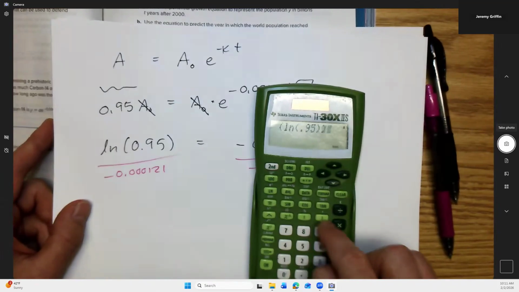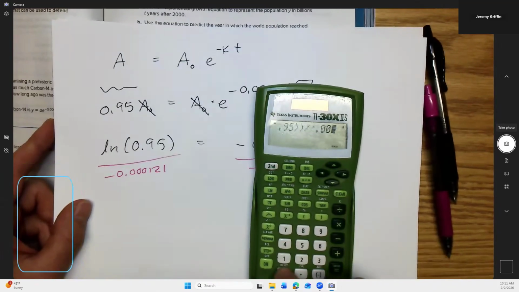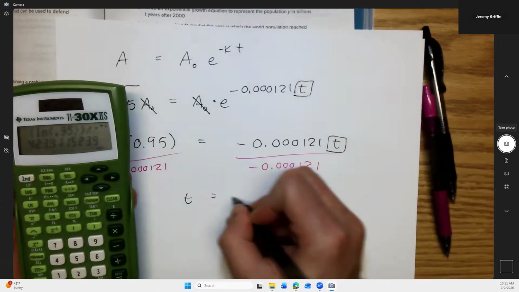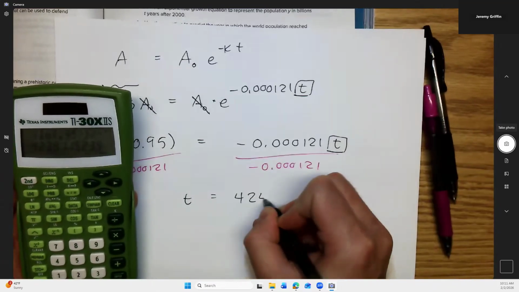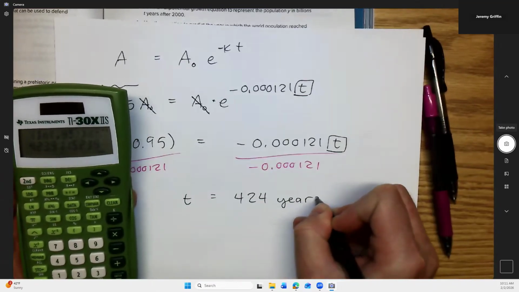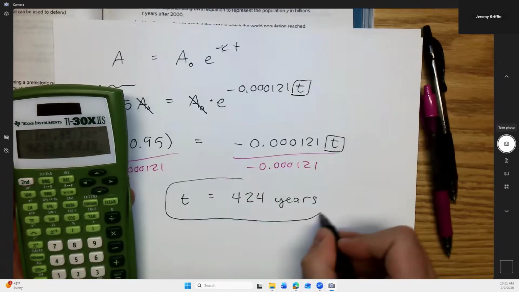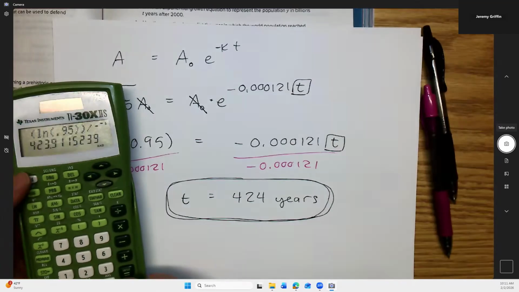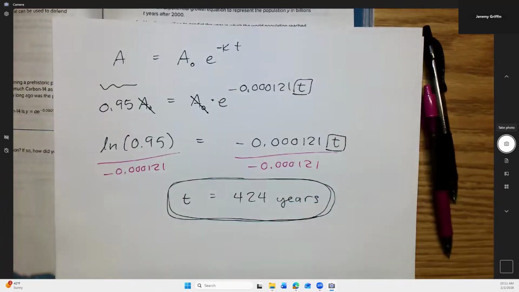Yeah, that looks about right. 420 something years old. All right, so maybe that artifact is from like 1600 or something. Ooh, about Shakespeare time. How about that?